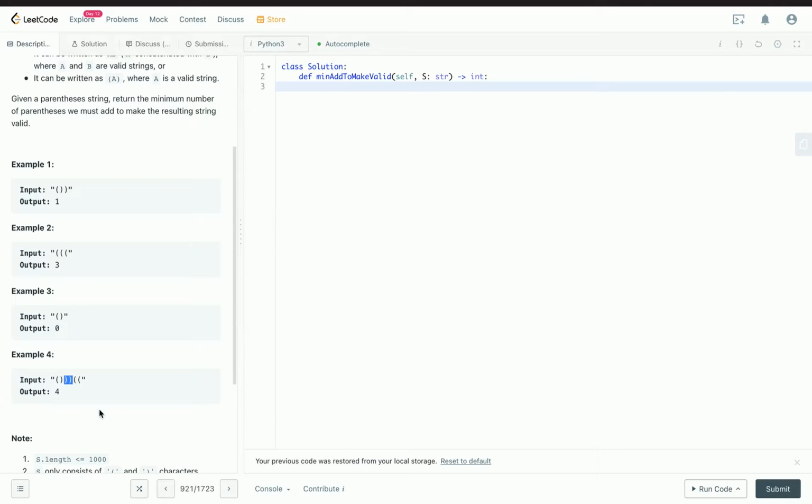For these 2 right parentheses, there are no left parentheses before them, so your output should be 2 at this point. And for these 2 left parentheses, they're not matched with right parentheses after them, so your output should plus equal 2. So 2 plus 2 is 4.